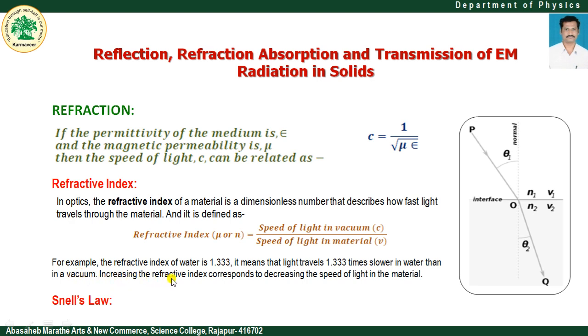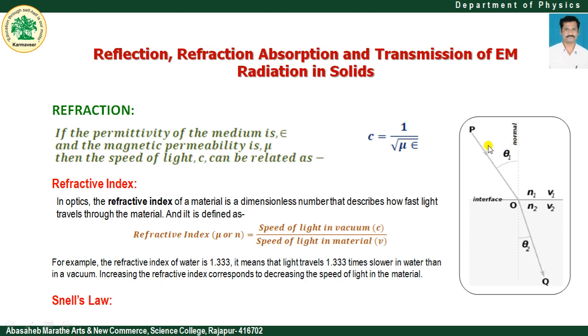Increasing the refractive index means, here vacuum is here and the material medium is here, here the refractive index is increased. Again, increasing the refractive index corresponds to decreasing the speed of light in the medium.